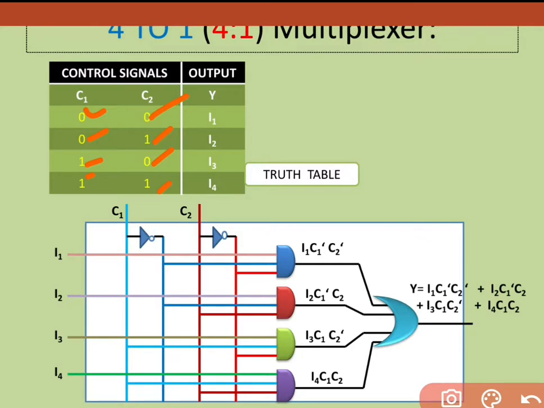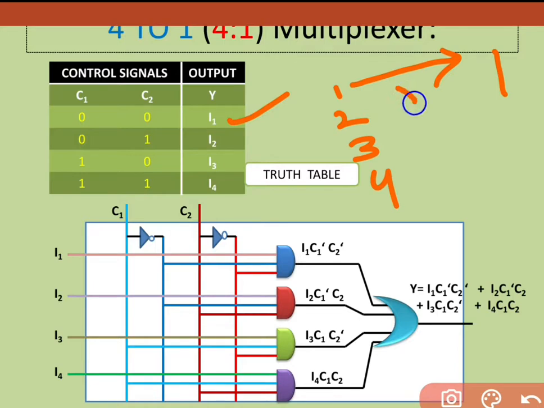When the first situation occurs, then we are getting I1 as output from the 4 inputs, 1, 2, 3 and 4, when the control signals are 0 0.